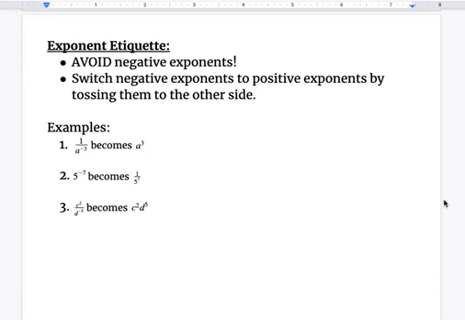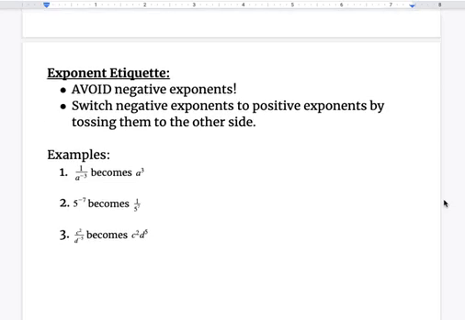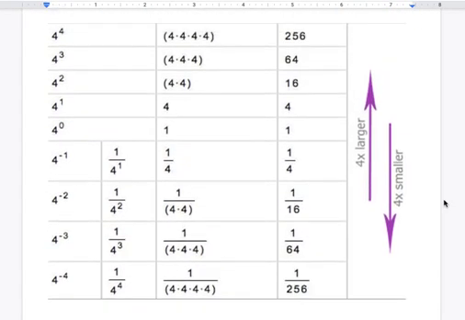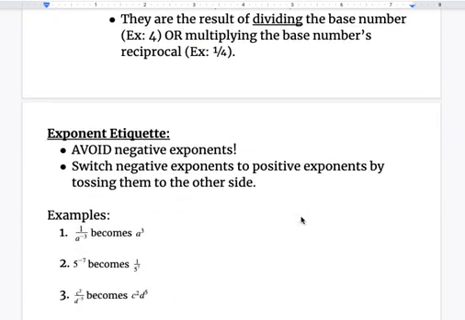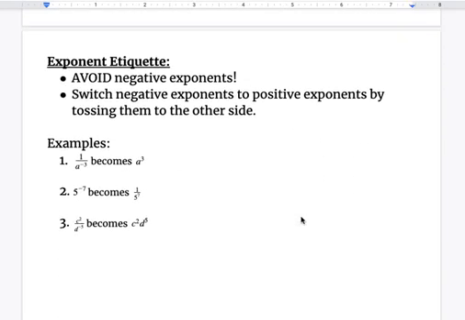So when you change it to a positive exponent, you do have to toss it to the other side. Because remember that negative exponents are just the positive exponents, but on the opposite side. So if you do want to change it to a positive exponent, you do have to flip it to the other side. Here are some examples.